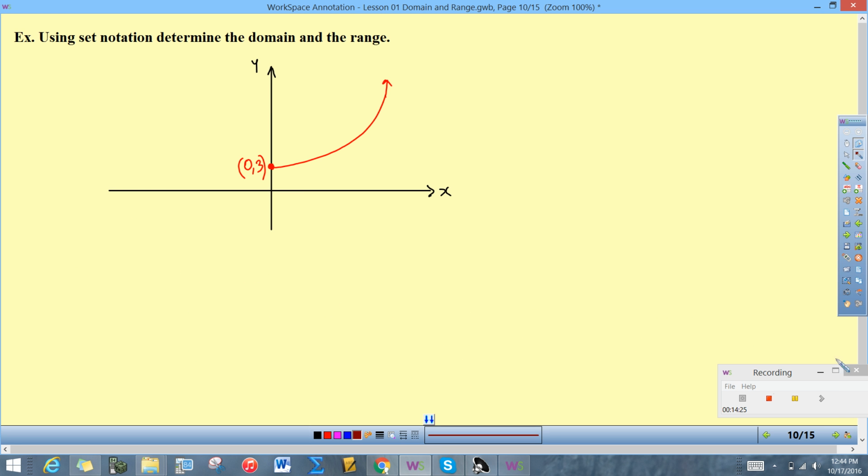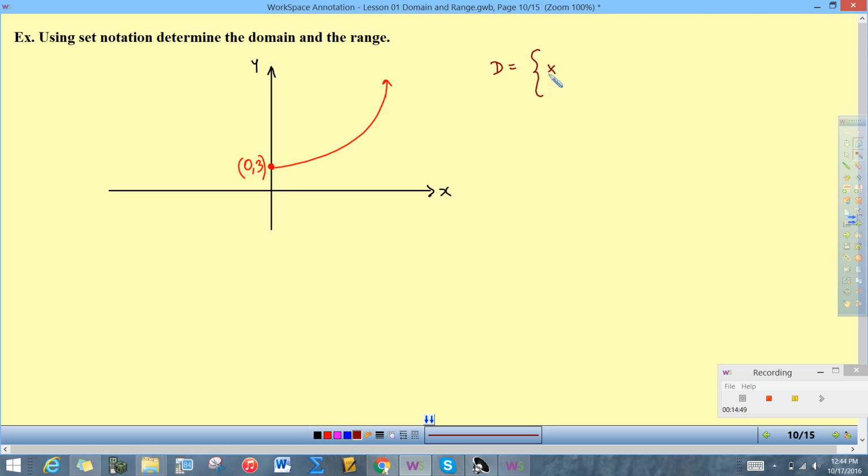Okay, now let's do another example here using set notation to find the domain and the range. I'll do this question with you right now. I'm looking at where my domain is starting. So let's look at the domain. The domain is my values of the x.